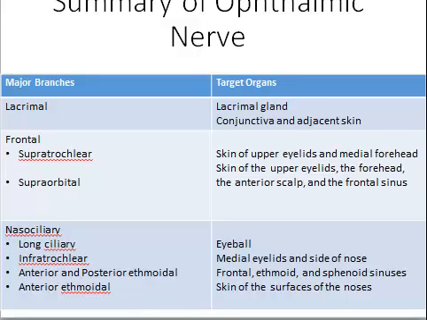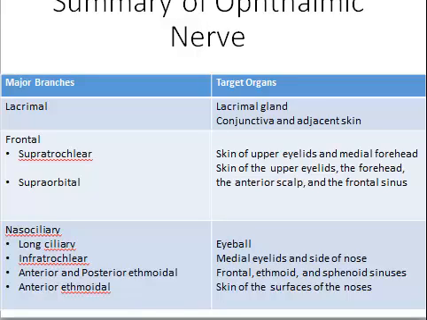So the lacrimal, that's actually the smallest branch. And it does the lacrimal gland, our conjunctiva, and the adjacent skin. So it's our tears. The frontal, which is composed of the supratrochlear and the supraorbital, innervates the upper eyelids, the middle of the forehead, the skin of the upper eyelids, the forehead again, the anterior scalp, and the frontal sinus.